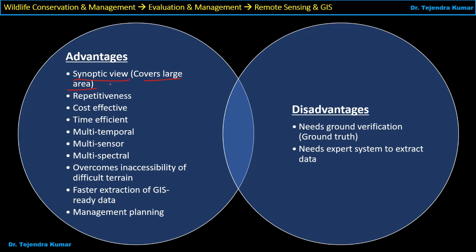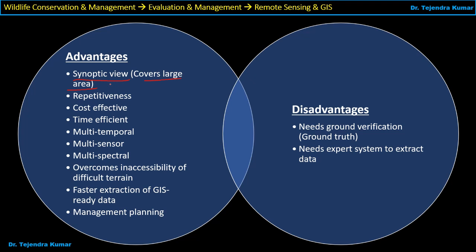Some satellites take the picture or complete their revolution in 1 or 2 days, so they completely capture the Earth's rotation. So we can see all these things.